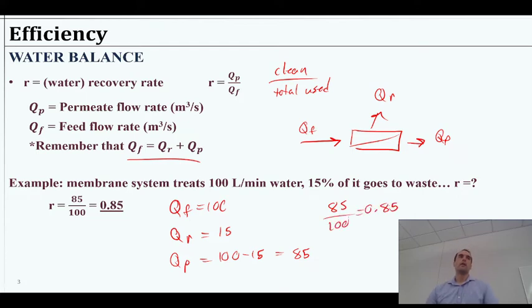So it's very simple. I'm just elaborating, hopefully to make that abundantly clear there. And these, of course, would be liters per minute. And then this would be just a ratio.